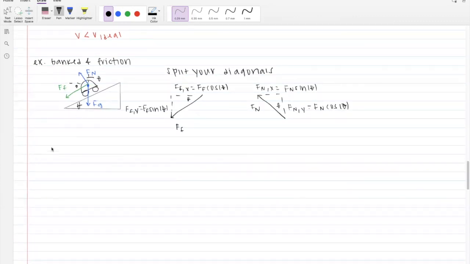Again, since the car is not levitating, your summation in the y direction is equal to 0. So this is going to be equal to your normal force in the y direction minus your force of friction in the y direction minus your force of gravity, which is equal to Fn cosine of theta minus mu Fn minus mg, which is equal to 0.